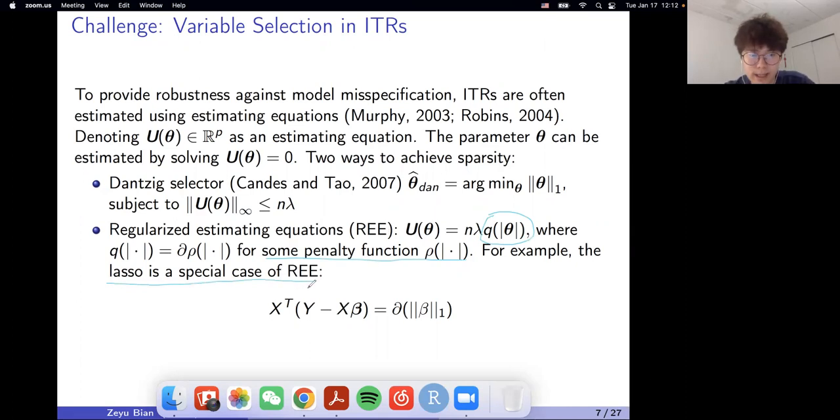Recall that the first-order condition of the lasso is to solve this, where the left-hand side is just the normal equation. If we want no sparsity, we just set this left-hand side to 0. And the right-hand side is the subderivative of the L1 penalty, that's the penalty function of the lasso.